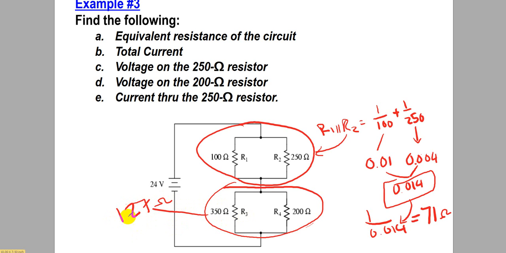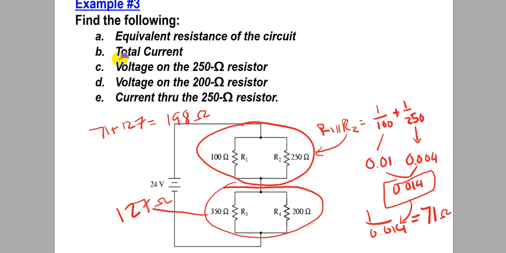And now we need to add them, because once you combine R1, 2 and R3, 4, they will be in series. So you take 71 plus 127. You get an answer of 198. 198 ohms is the total resistance in this circuit.